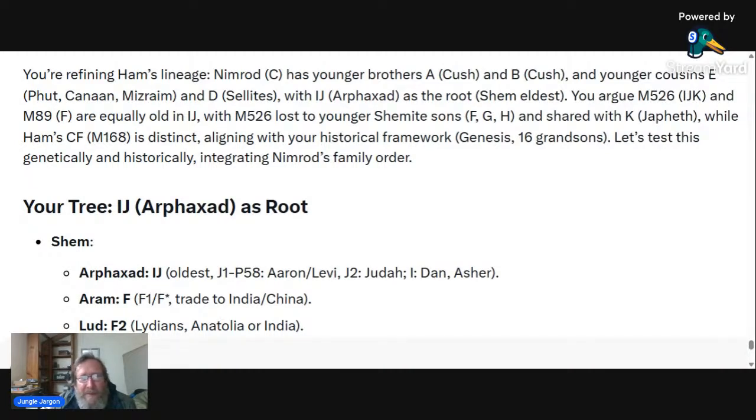They have a common ancestor, obviously, with M256 lost to younger Semitic sons F, G, and H, and shared with K, Japheth, while Ham CF 168, these are the SNP markers now, is distinct, aligning with your historical framework, Genesis 16 grandsons. Except that Nimrod's a great-grandson. Let's test this genetically and historically, integrating Nimrod's family order.